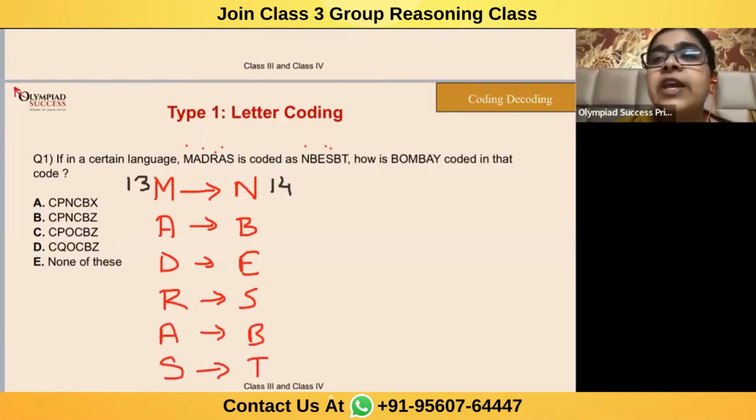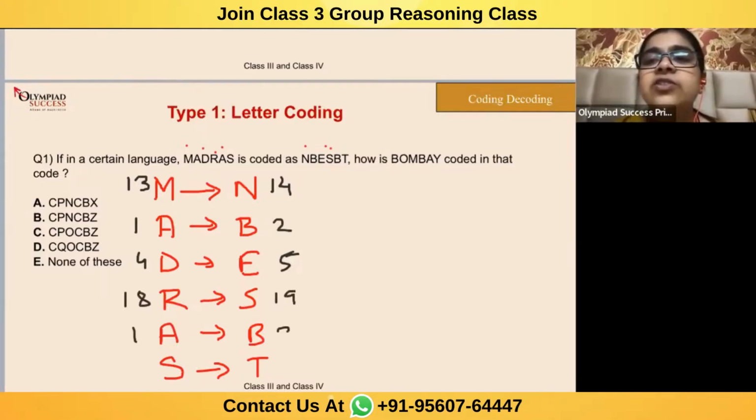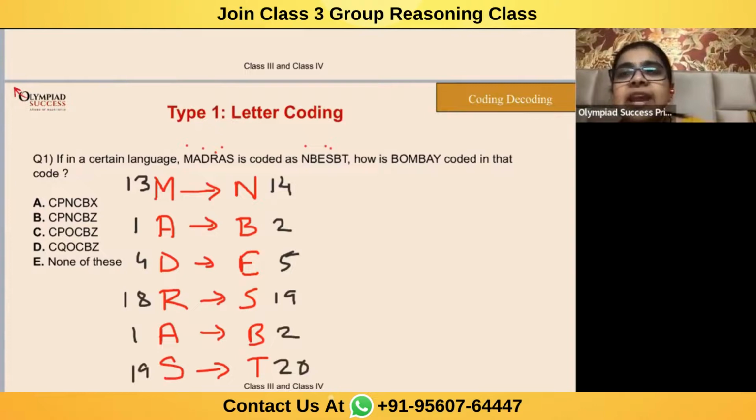So guys, if you carefully check the numbers, this is 1, this is 2, this is 4, this is 5, this is 18, this is 19, this is 1, this is 2, this is 19, this is 20. So what's happening? Can anyone tell me what is the logic here in the chat? What's the logic?